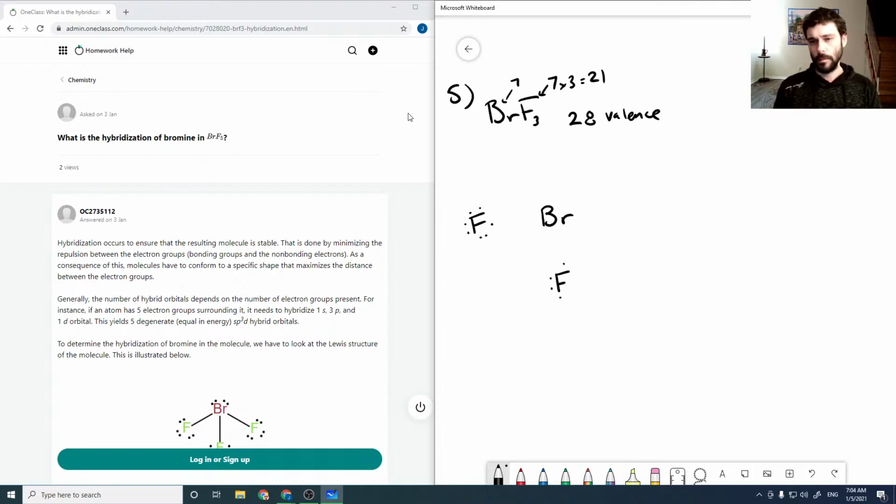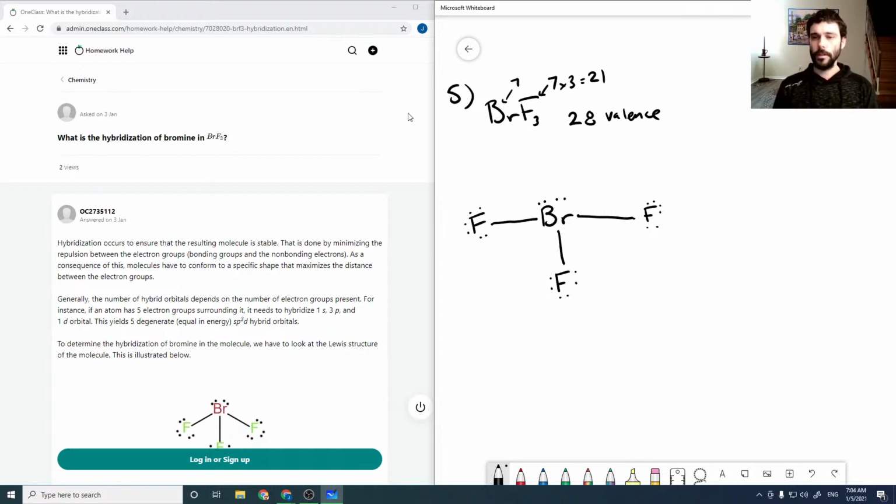So just going to place these down. We're going to need 3 bonding electrons, and then we need 4 more to fill in the 7. That would be 2 lone pairs. Now if we count this up, we've got 8, 16, 24, plus another 4 is 28.